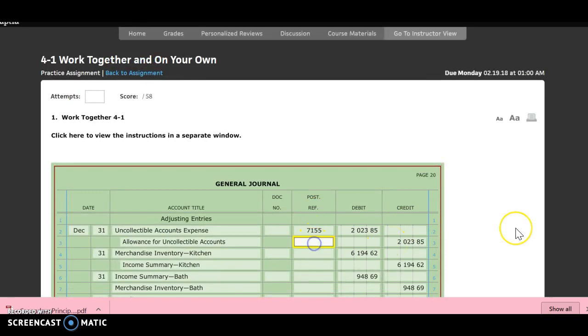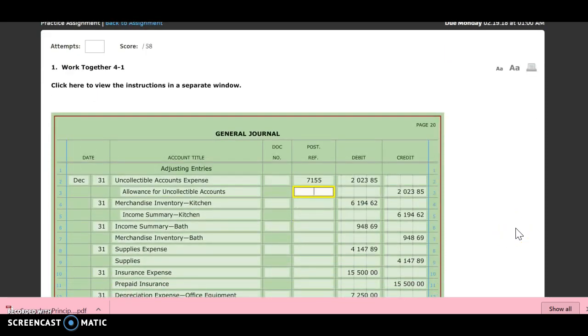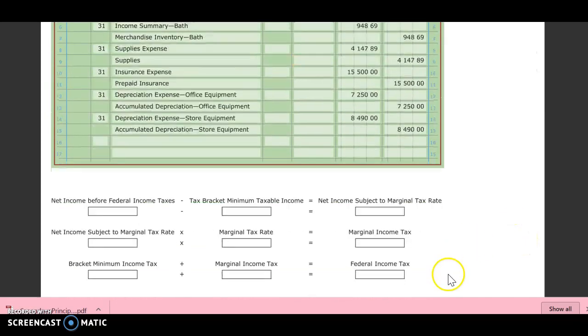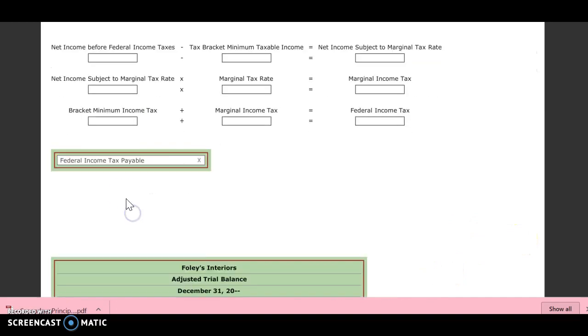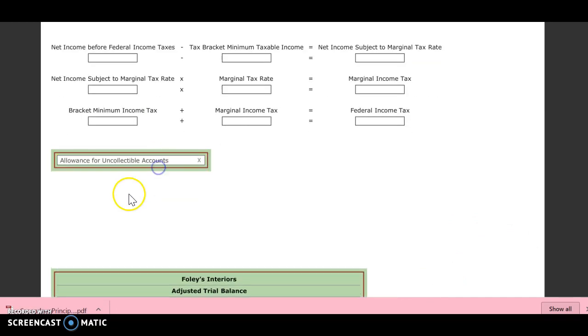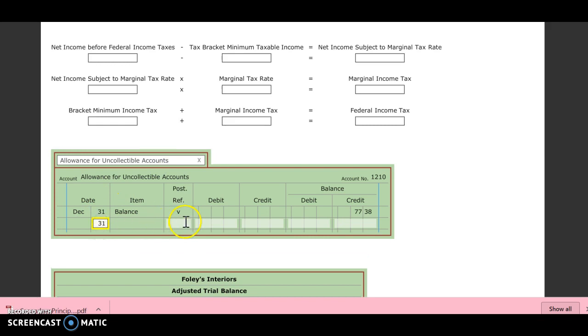Okay. Next one, we're going to go to our allowance for uncollectible accounts. 31st, G20.